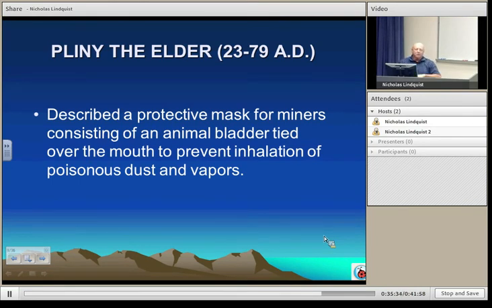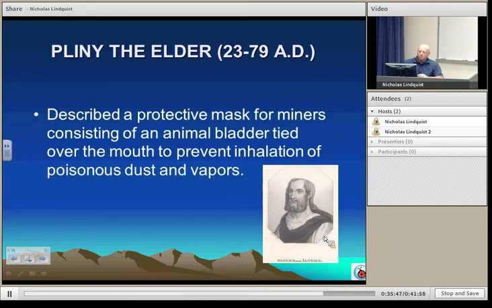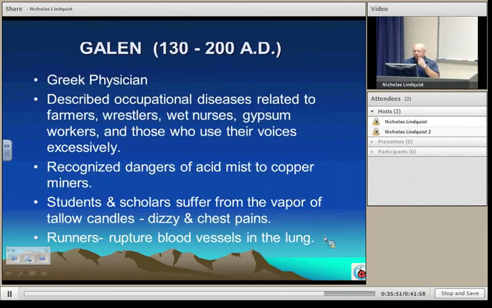Then we make a giant move forward to Ulrich Ellenbog, who was a German physician, and one of the things that he recognized is that vapors of some metals were dangerous, and described the symptoms of industrial poisoning from lead and mercury.